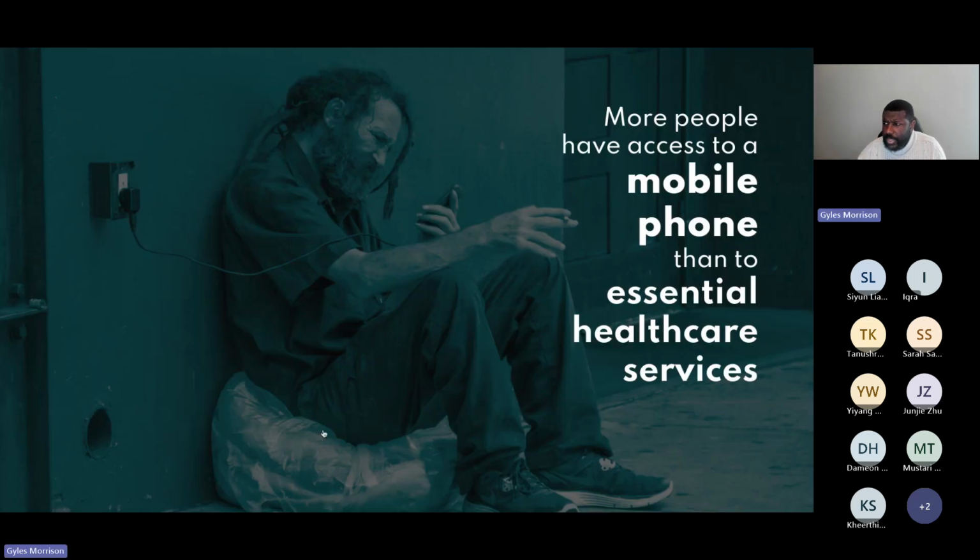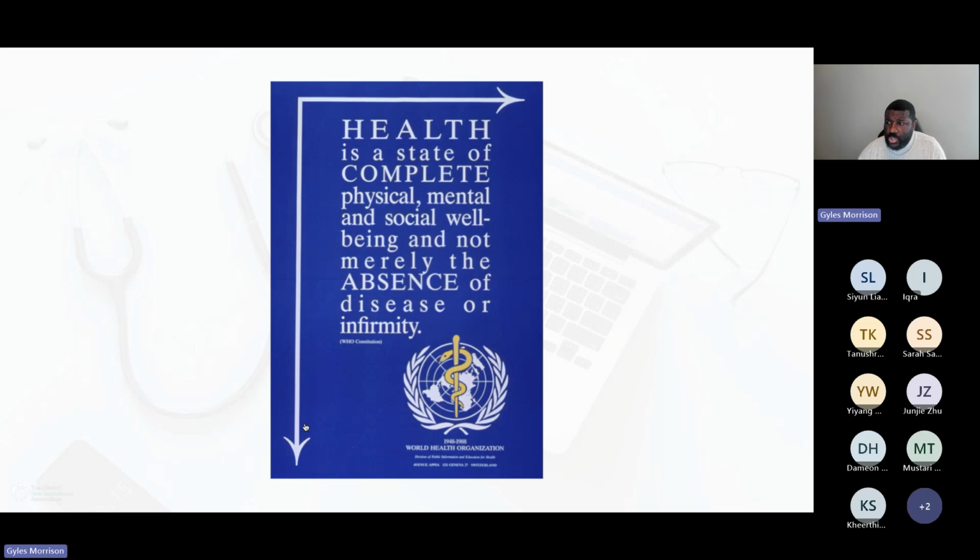So this has been the case for a long time: the fact that more people have access to a mobile phone than essential healthcare services. This has definitely been the case for maybe about 5, 10 years now, and it's only getting a bit worse. The other thing to keep in mind when we talk about health is that health is not just the absence of disease. It's making sure that people from a physical, mental, and social well-being are at the best place they can be.